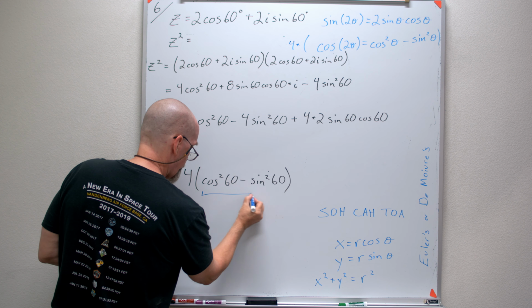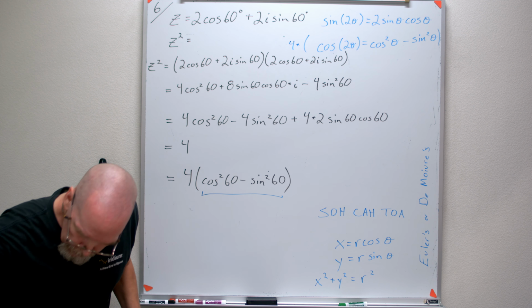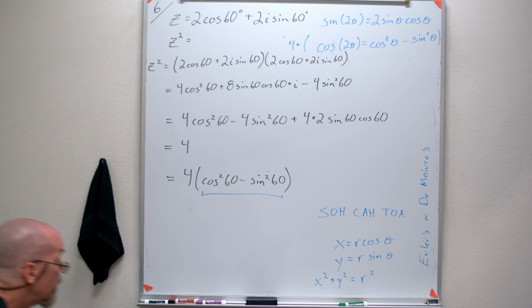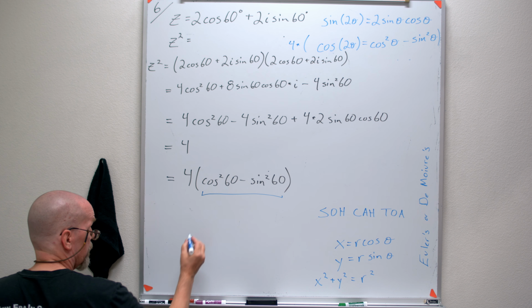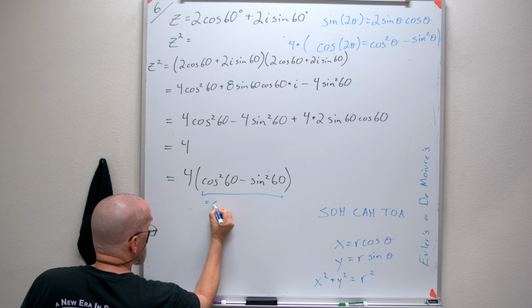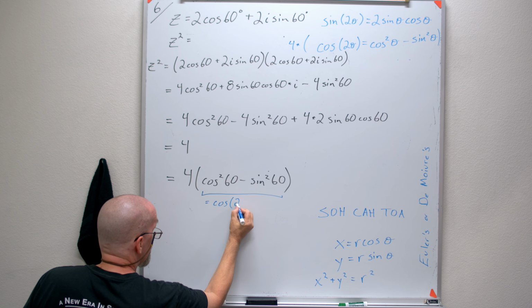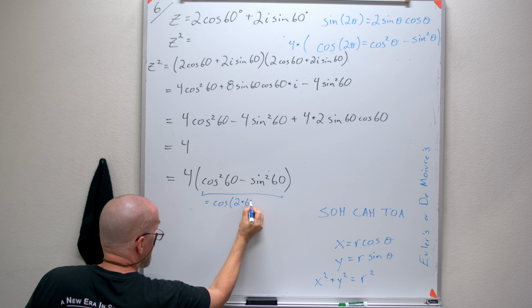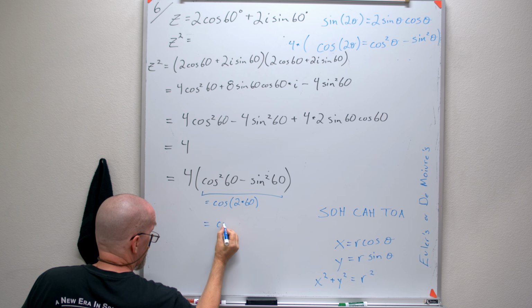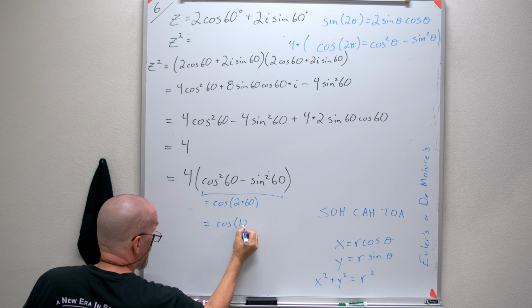So this stuff will become cosine 2 theta, with the theta being this 60 degrees, which is a cosine of 120 degrees.